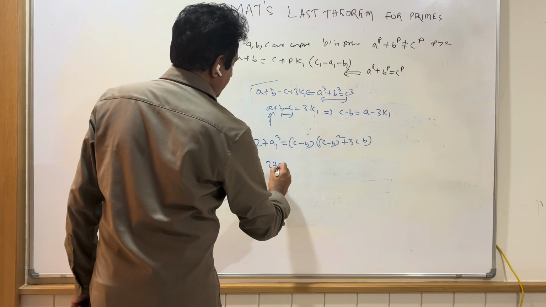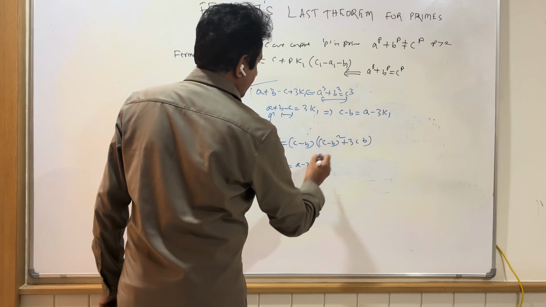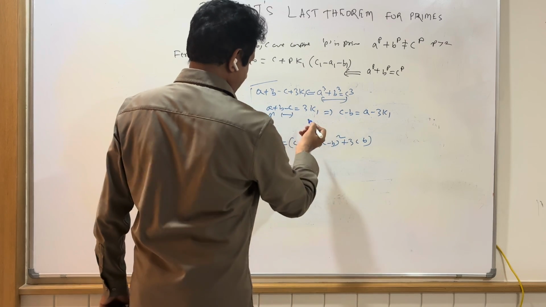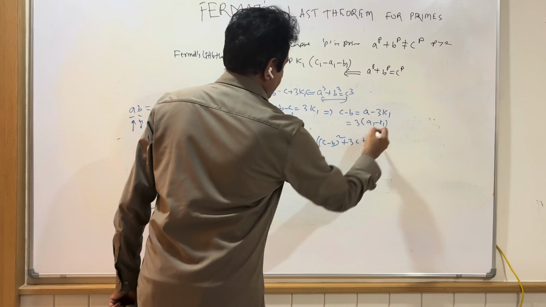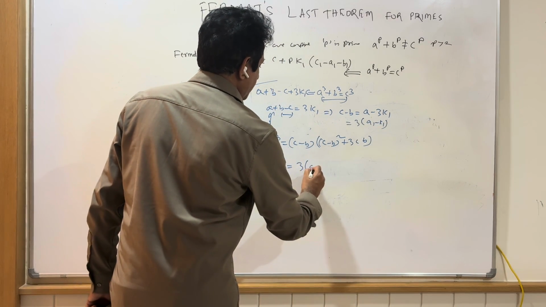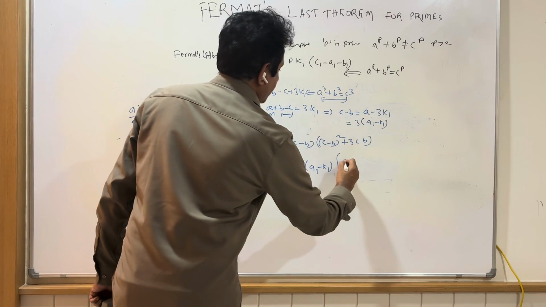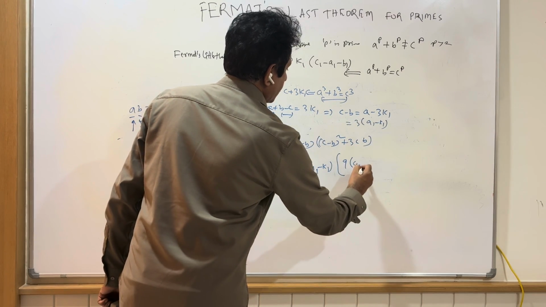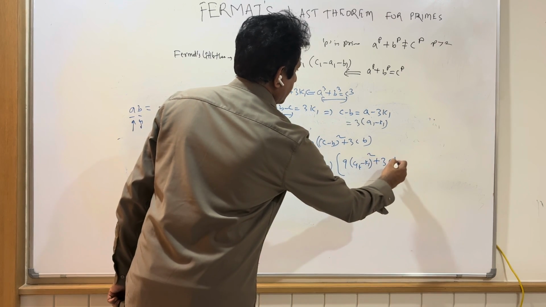So 27 a1 cube, a minus 3k1, where a is 3a1. So c minus b is equal to 3 into a1 minus k1. So 27 a1 cube is 3 into a1 minus k1, times c minus b whole square, which is 9 into a1 minus k1 whole square plus 3cb.